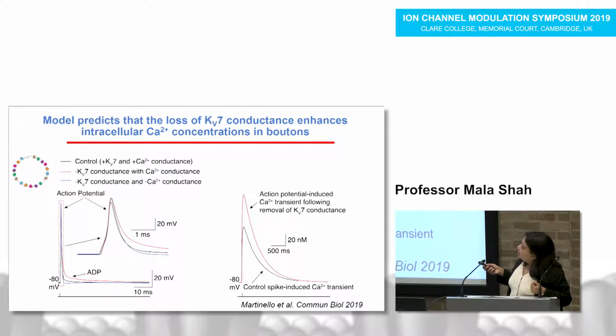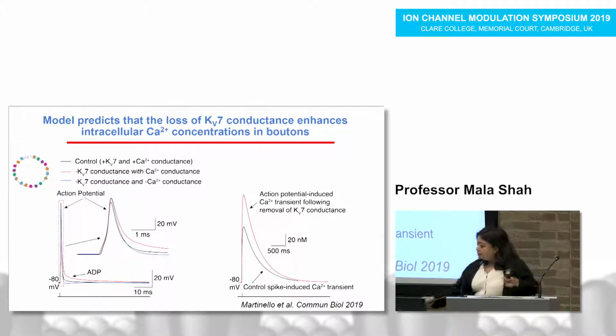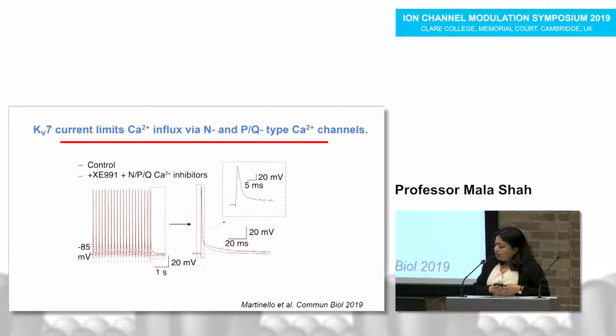Accordingly, if we take out both the Kv7 conductance and the calcium conductance, there is no change in the action potential, it becomes narrower, and the ADP is reduced significantly. As we can see, it becomes much more negative. So this suggests that Kv7 currents in these multi-fiber bouton terminals are restricting action potential induced calcium influx, and that's normally due to N and PQ type calcium channels.